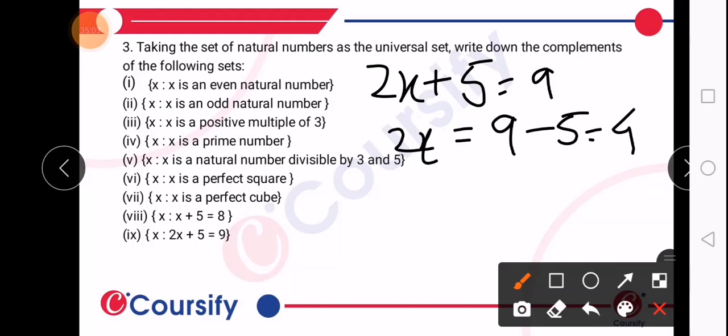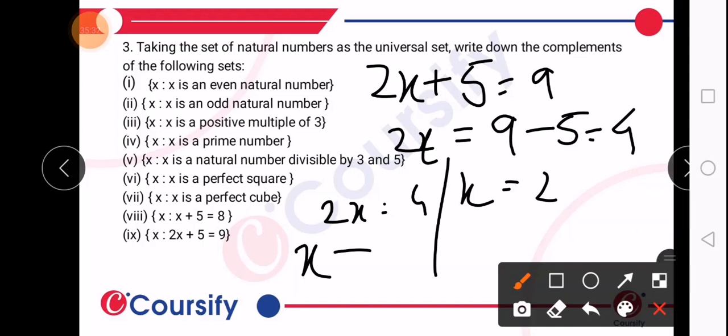If we further solve it, we get x is equal to 2, which means that x can take only the value 2 in this given set. The complement of this set would be any set where x is not equal to 2.